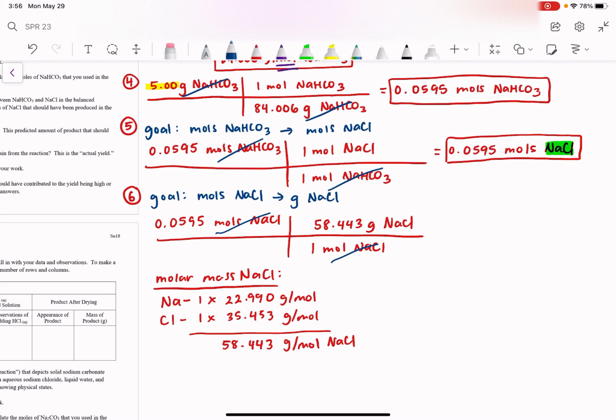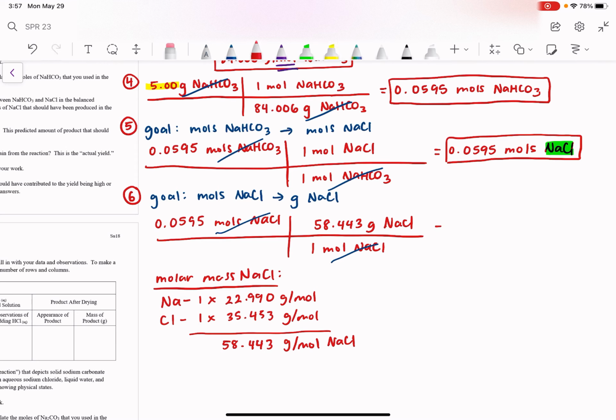You could have used this equality both ways, with the 58.443 grams on top and moles on the bottom, or flipped, depending on what you're trying to get in the end. We want grams, so we cancel out those moles and put them on the bottom.